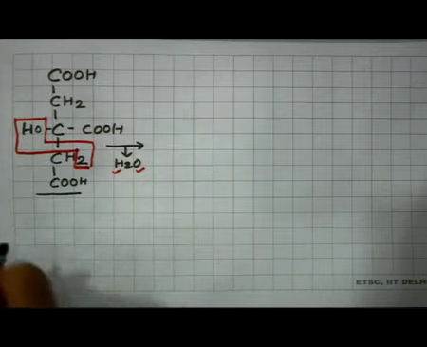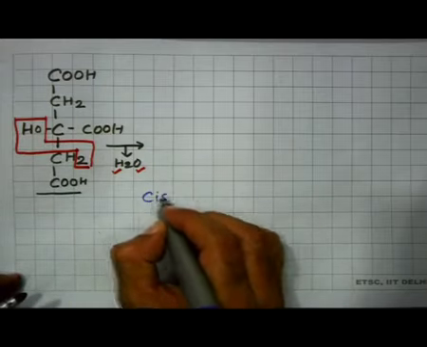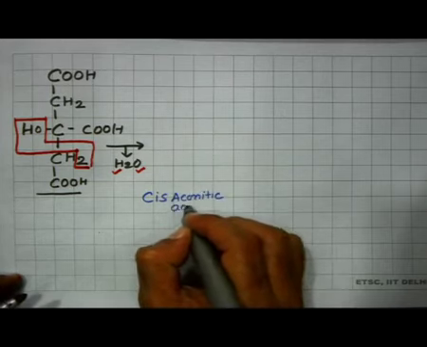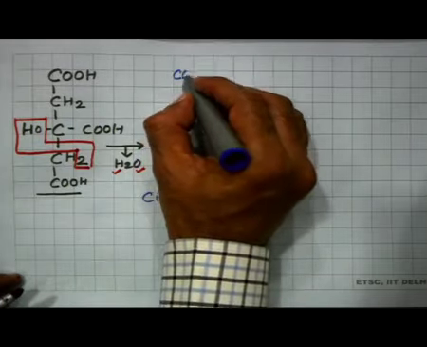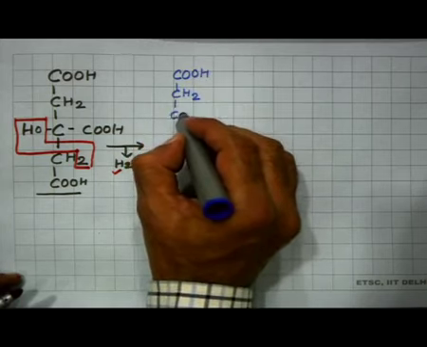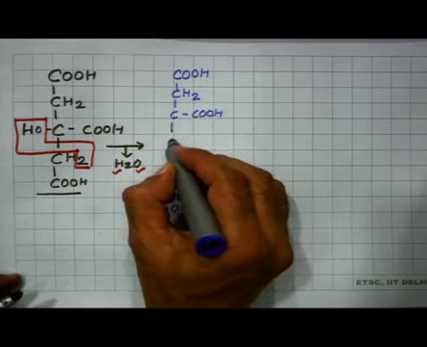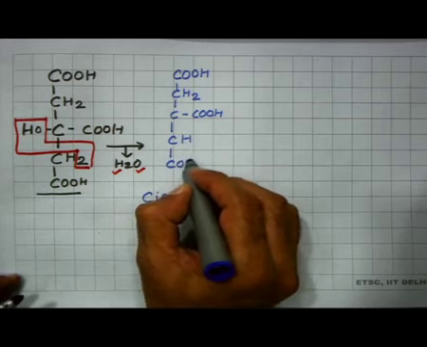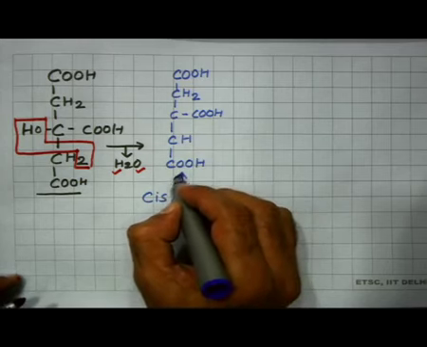So, you can easily write the next step, that is cis-aconitic acid, without any problem: remove this group, COOH, CH2, COOH, CH, COOH. This is the structure of cis-aconitic acid, but it is not correct.